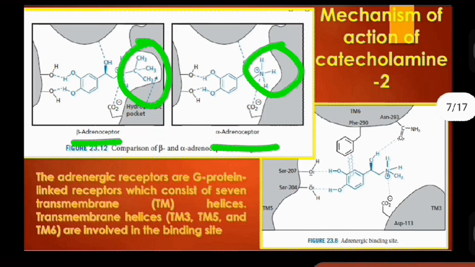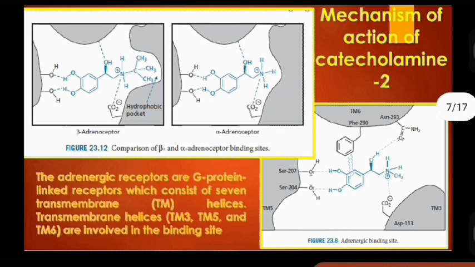So if the group is bulkier, it will not fit in the alpha, whereas it will fit in the beta. So that is explained here. The bulkier pocket is needed for selective beta activity, and that is explained in your structure designing.